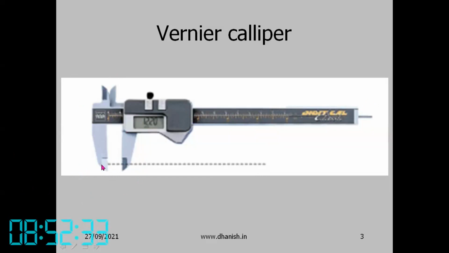Here the width is narrow, so that is one advantage, but here the width is a little more, so many times we prefer to use this edge for measurement. So is this in accordance with Abbe's principle? Abbe's principle says that the object being measured and the scale should be coaxial, in the same line. But unfortunately, they are not in the same line. So this does not conform to Abbe's principle.